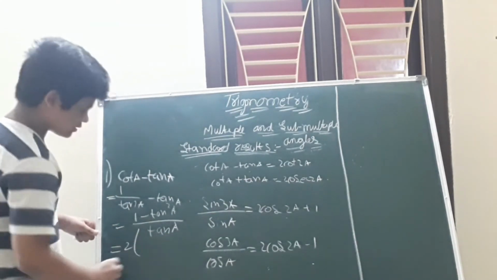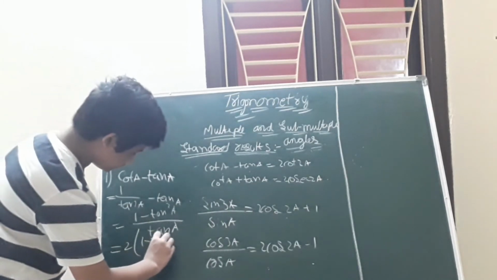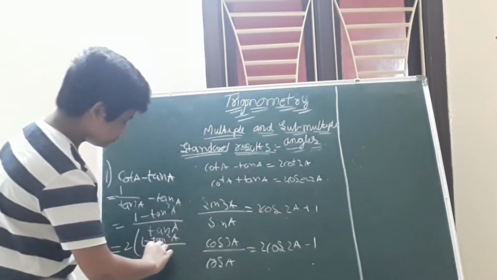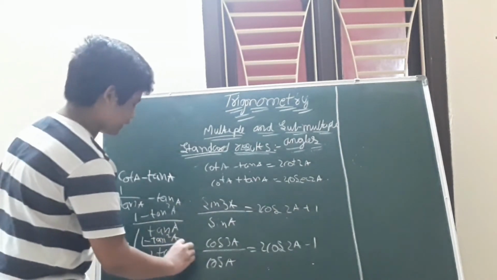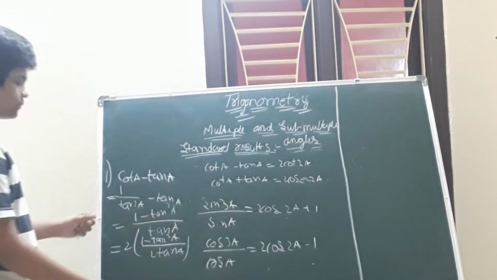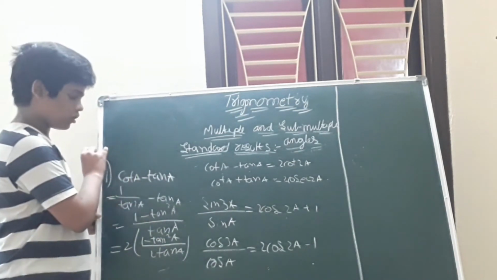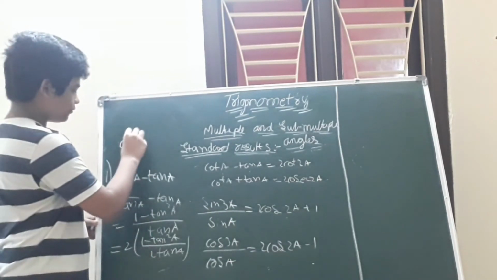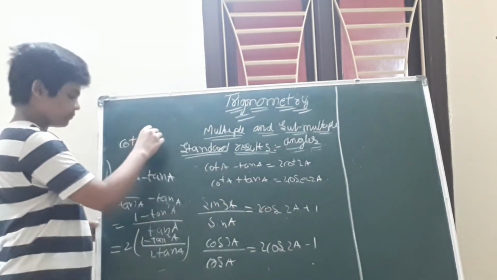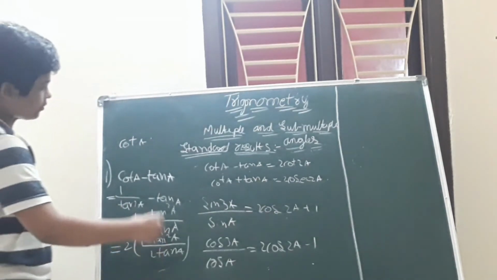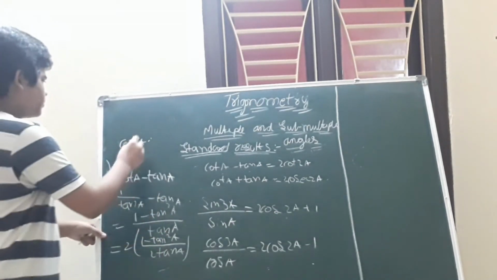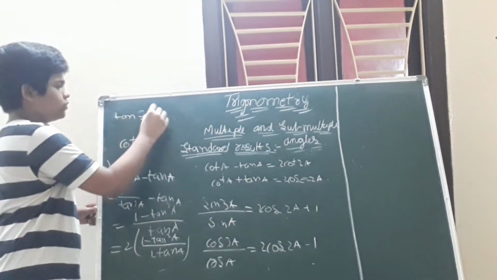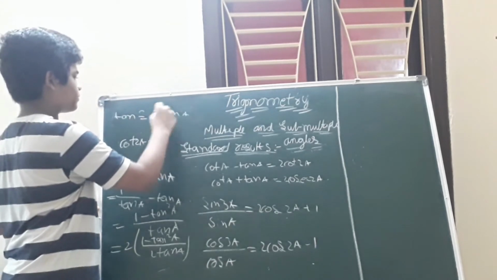So it becomes 2 into 1 minus tan square A by 2 tan A. If you observe properly, this is in the form of cot 2A, because we know that tan 2A is equals to 2 tan A by 1 minus tan square A.